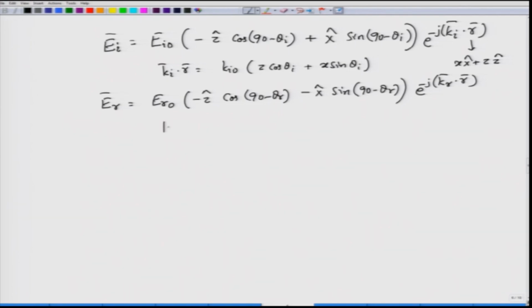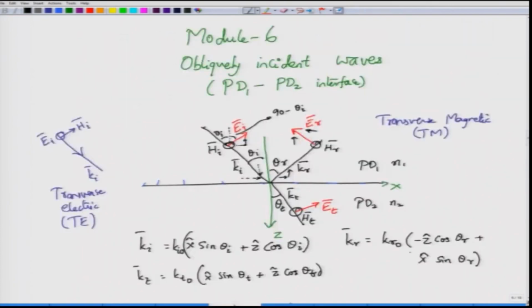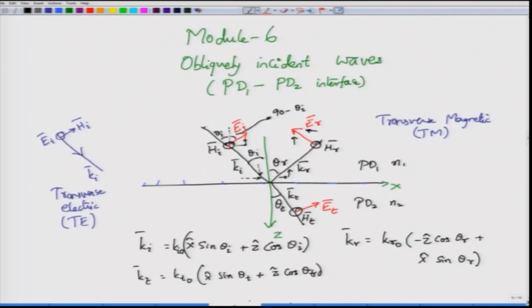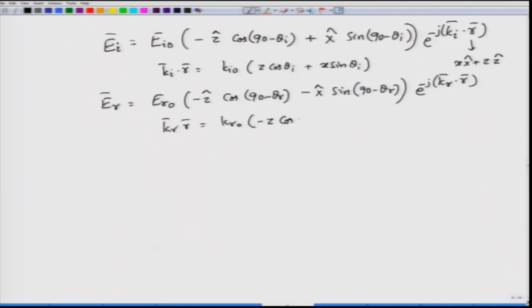We know what kr dot r is because we have already seen what kr is from the previous expression. So, you can calculate that. That would be kr0, the magnitude, times minus z cos theta r plus x sin theta r. So, this expression goes into the exponential.